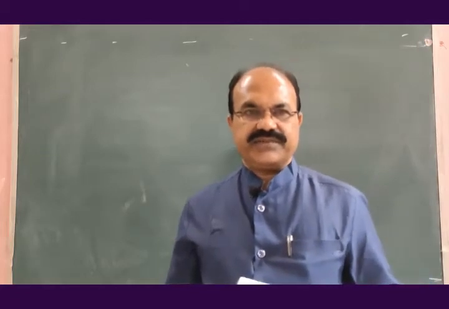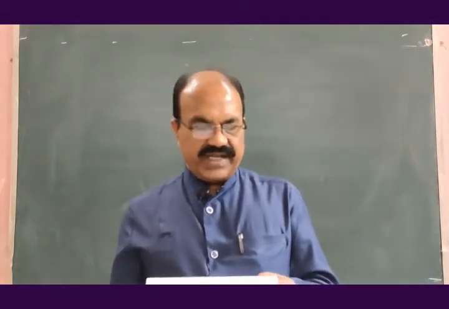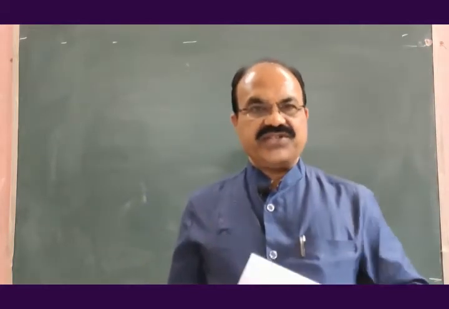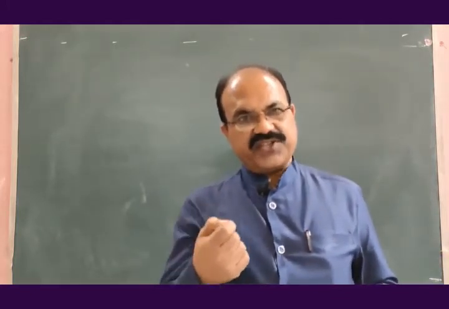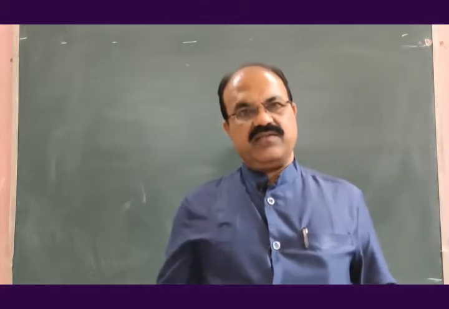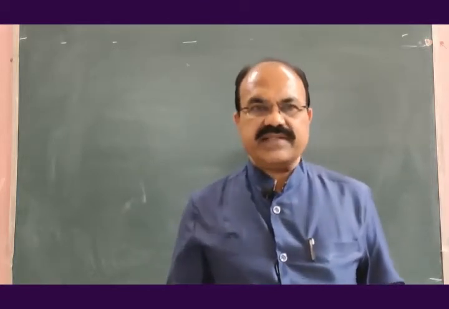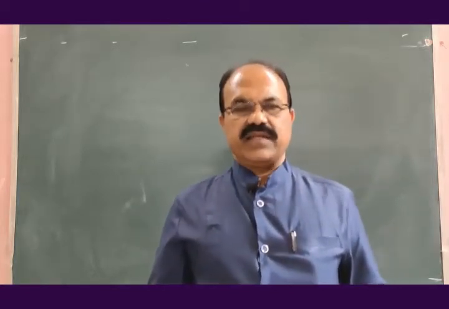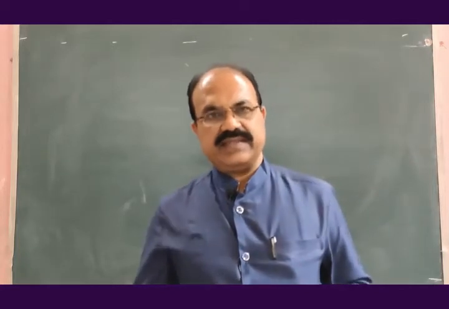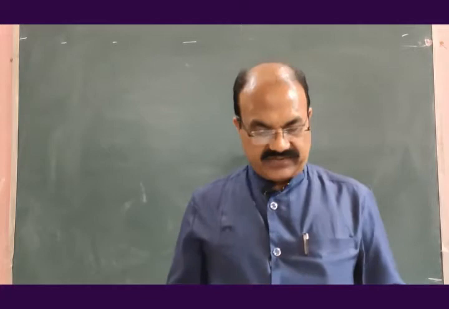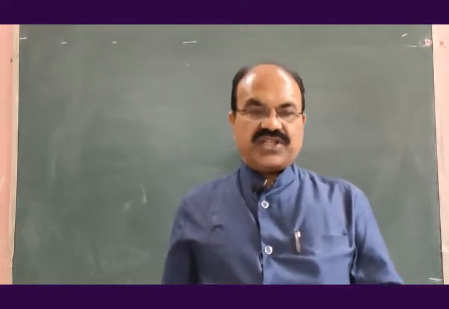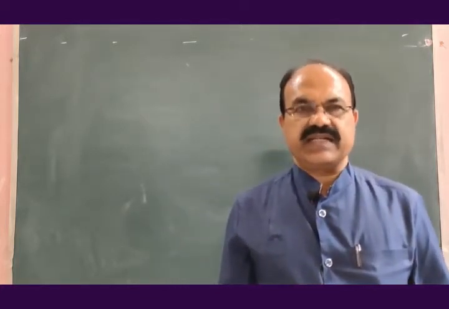In this unit, we have to study what is a semiconductor, what is the definition of a semiconductor, what material we can call a semiconductor, and some important properties of a semiconductor. After that, we shall discuss types of semiconductors.